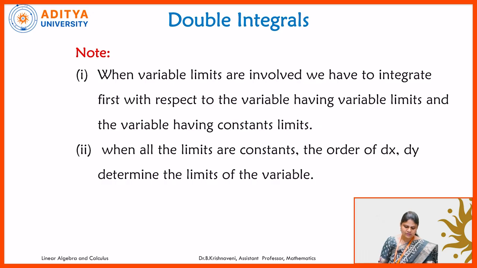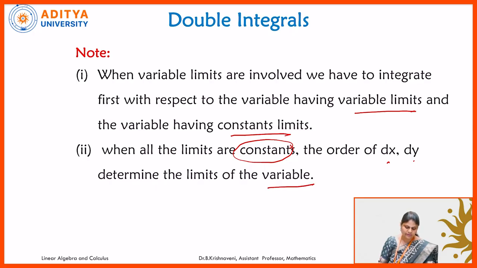Here you have to note some points to find double integrals. When variable limits are involved, we have to integrate first with respect to the variable having variable limits, as we just discussed, and then with respect to the variable having constant limits. When all the limits are constant, the order of dx, dy determines the limits of the variable.